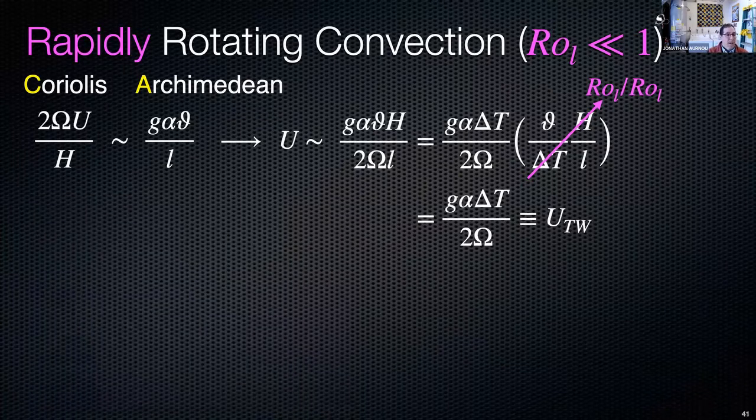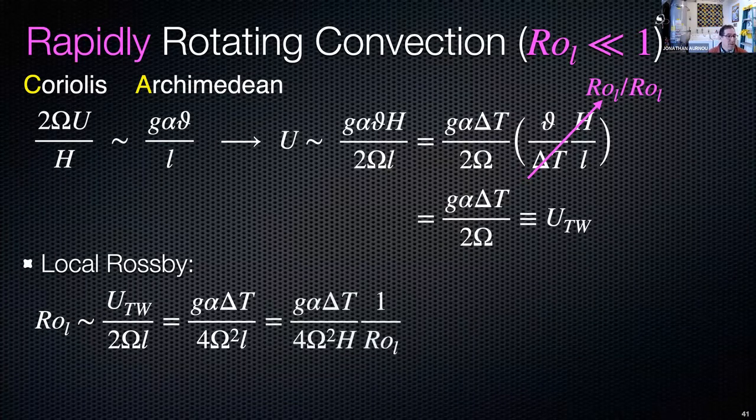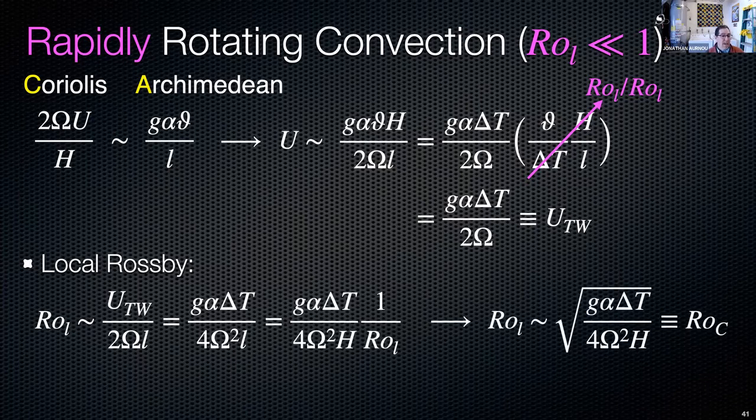Okay. So now let's check local Rossby again. So local Rossby, now it's going to be whatever our scaling velocity is. In this case, it's thermal wind over 2 omega L. And plugging in, we then have alpha G delta T over 4 omega squared L. And L is, in this anisotropic system, ROL times H. So we can sub that in.